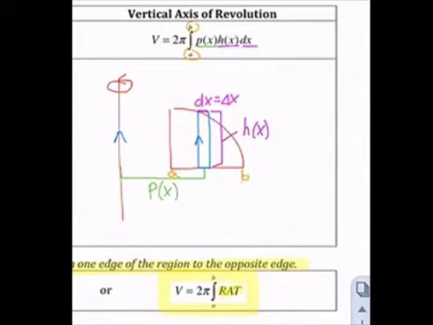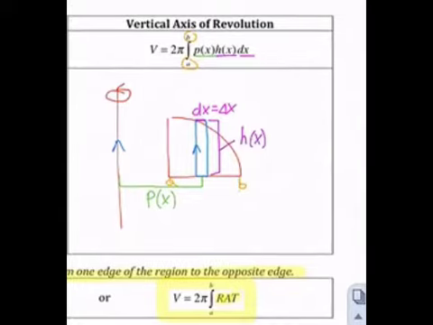So let's go back up and see if we can identify the radius, altitude, and thickness in all of these. Okay, so the radius is always going to be the distance from the axis of revolution to the rectangle. So p of x is going to be our radius. Now the altitude is going to be the height of the rectangle, and h of x is the altitude.